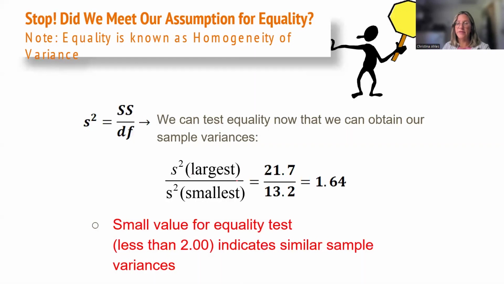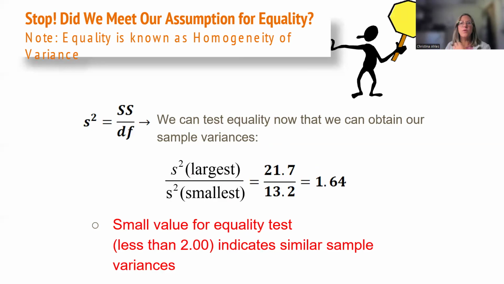This can be kind of lengthy. The problem is we're at a step where we can actually test that homogeneity of variance. So if you recall, several slides back, I talked about homogeneity of variance. That's that assumption that the variances will not be significantly different.